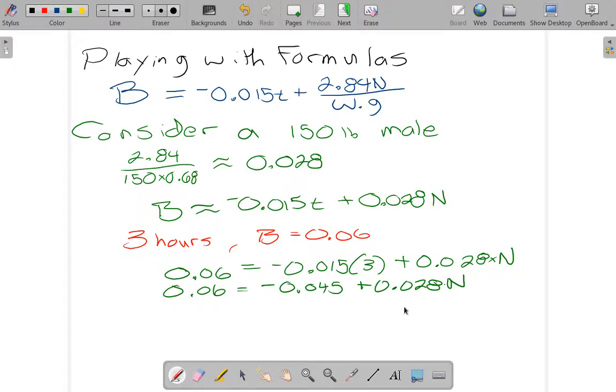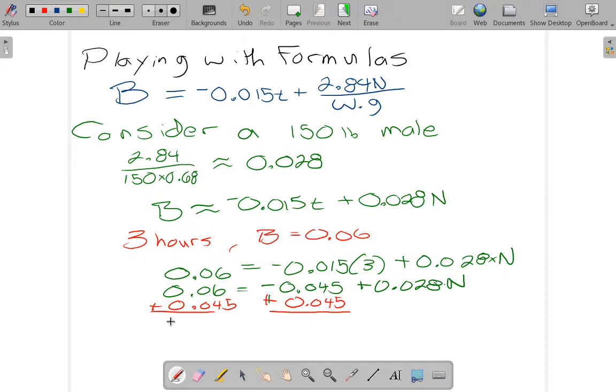Since it's being added and it's a negative, I'm going to add 0.045 to this side and to this side. And I don't think I need a calculator for that.